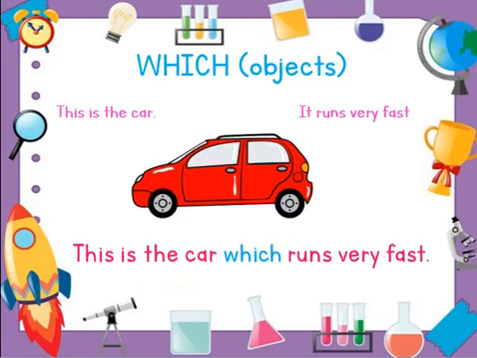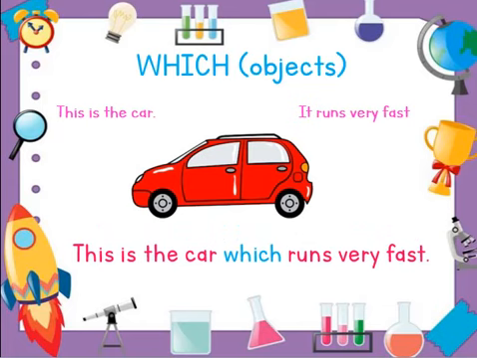We have which, objects. Over here we have 2 sentences. This is the car. It runs very fast. Now we are going to create only one sentence. This is a car which runs very fast.